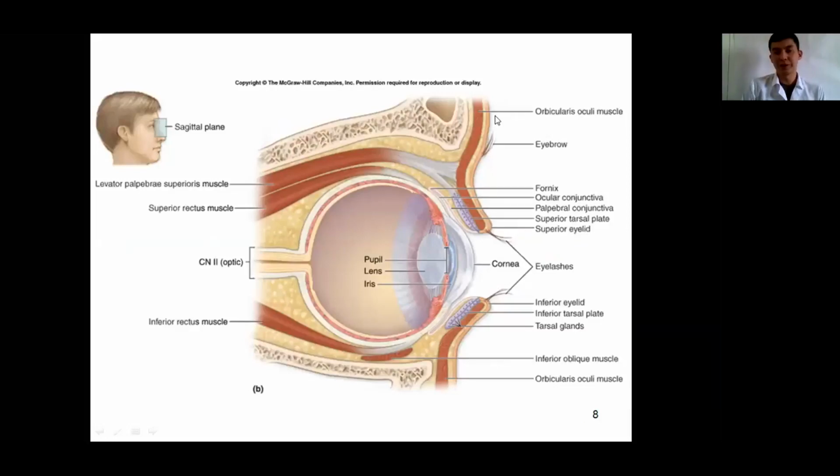In this presented diagram, we can see the position of the eyeball within the orbit, and some structures such as the layers of the eyeball, the optic nerve, the fat that surrounds the eyeball and fixes it in its position, extraocular muscles and accessory visual structures. We'll talk about these structures in detail in the next slides.